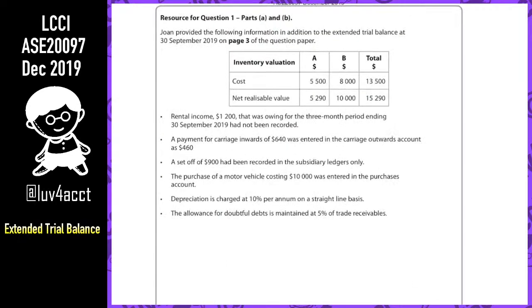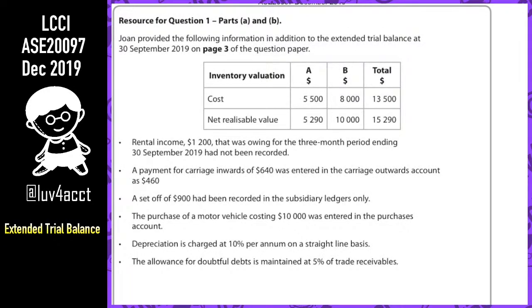Okay, so first item, inventory value. We have 2 classes of inventory giving you the cost and the net realizable value, and then we have to calculate the total. For class A inventory, cost is higher than the net realizable value, so there is impairment.